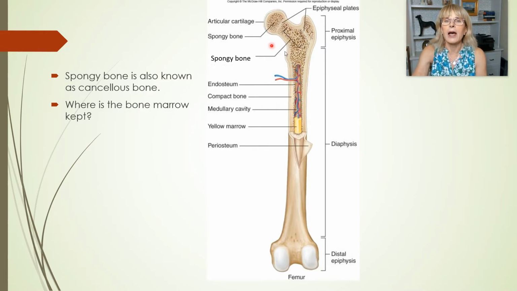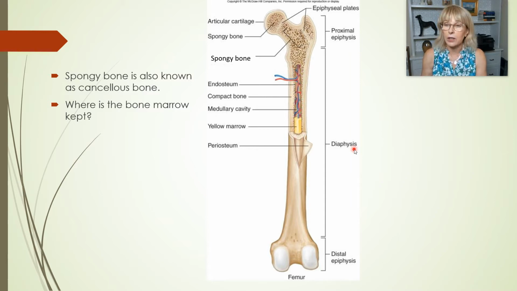And long bones have two different ends, and each end is called an epiphysis. The epiphysis that's closer to the torso is the proximal one. The epiphysis that's farther away is the distal one. In between, what you might refer to as the shaft of the bone, that is known as the diaphysis. The diaphysis.